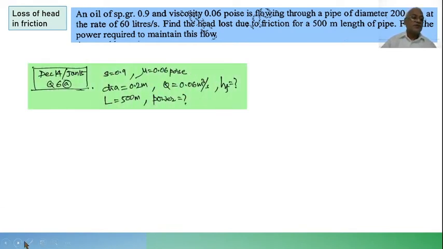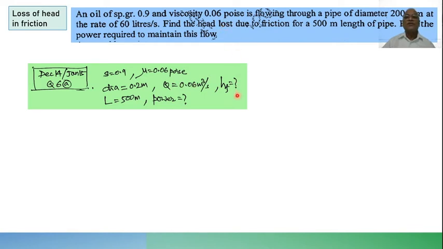So this is from the December 2014, January 15 question paper. Specific gravity S is given, mu the viscosity is given, it is in poise. Diameter of the pipe is 0.2 meters. Q, the discharge, is 60 liters, so to say 0.06 meter cube per second.